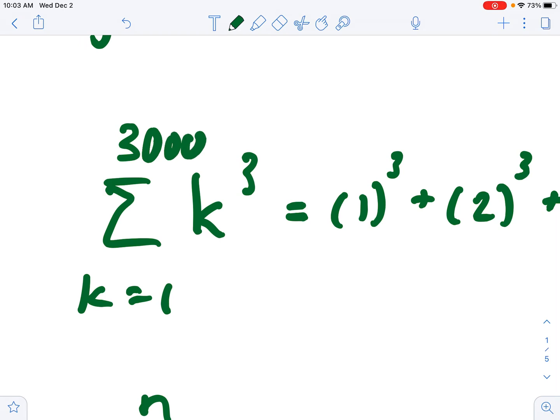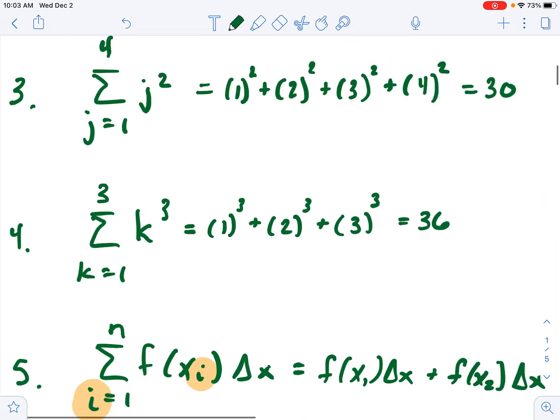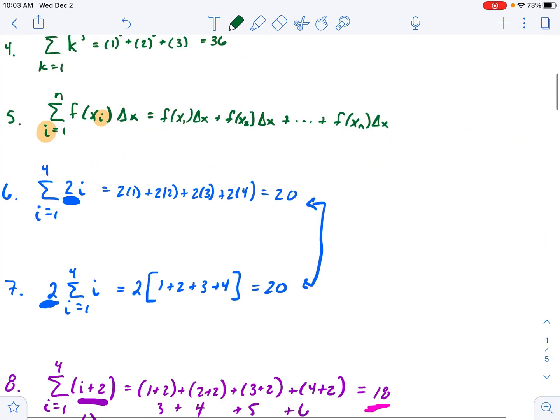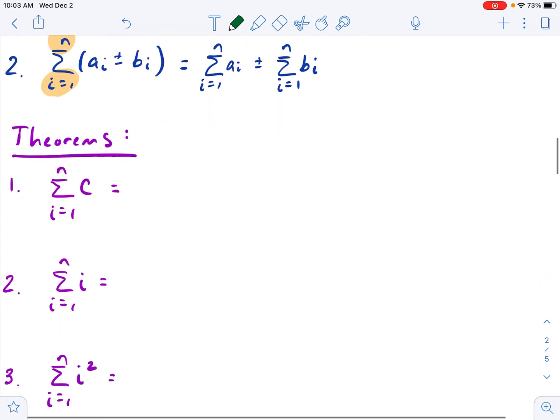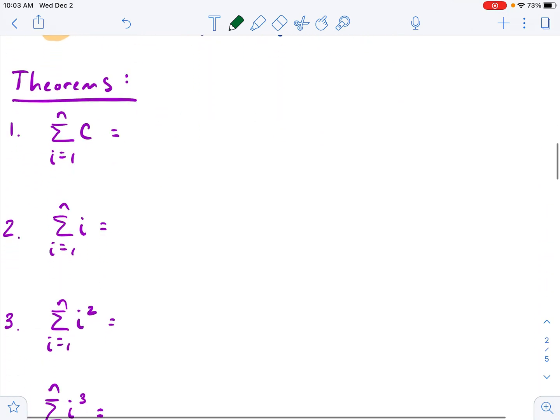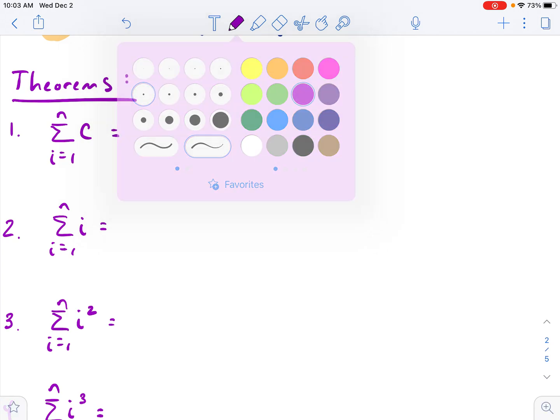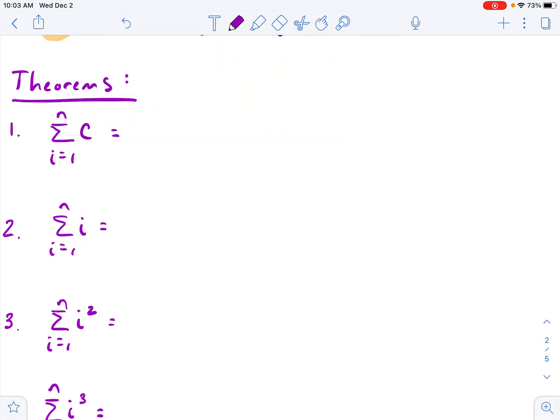That's not even all that tedious, but it would take a lot of time. What if I want to go out to 3,000? Okay? You can see that this could get very time-consuming and tedious, okay? So we have these theorems that I'm going to go over with you, okay? And you're going to want to keep these theorems handy for later on in the lesson. So take good notes here and have this information handy, okay?